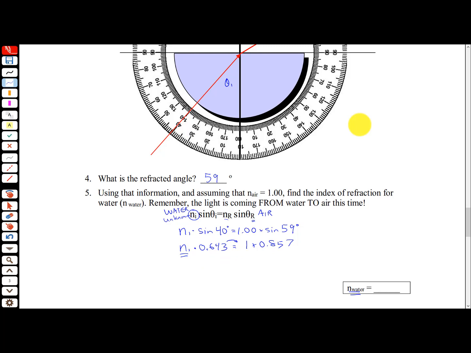We're doing multiplication, the opposite of which is division. So if we divide both sides by 0.643, Ni is going to be equal to about 1.33. If it bends to 60 degrees, a little bit further, then it would be a bigger index of refraction. But if it bent a little bit less, say it was only 58 degrees, or that's what you measured, the Ni value would be slightly less.